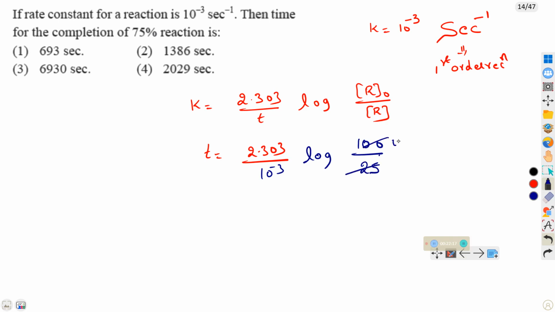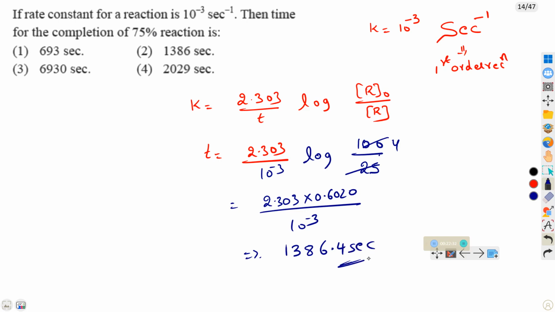That is 4 times log 4, where log 4 value is 0.6020, by 10 power minus 3. Now simplify, then you will get 1386.4 seconds. Second option is correct.